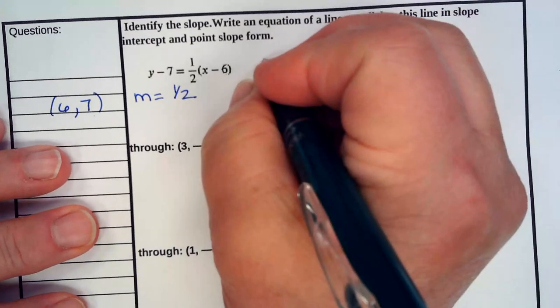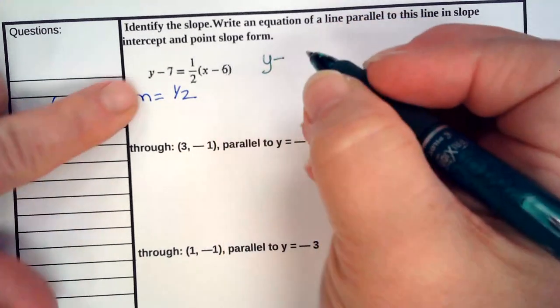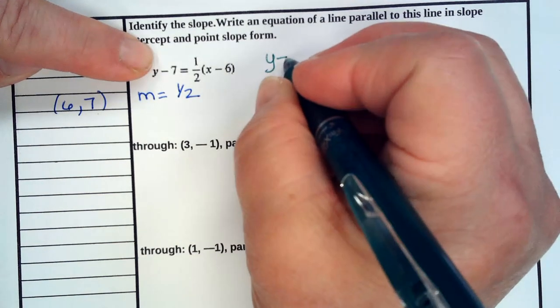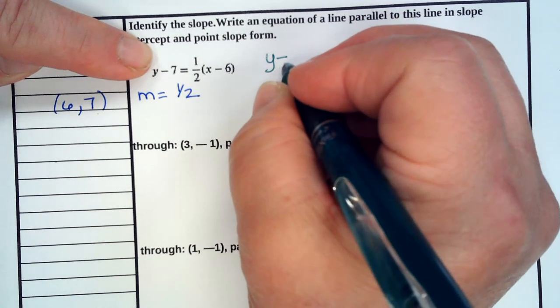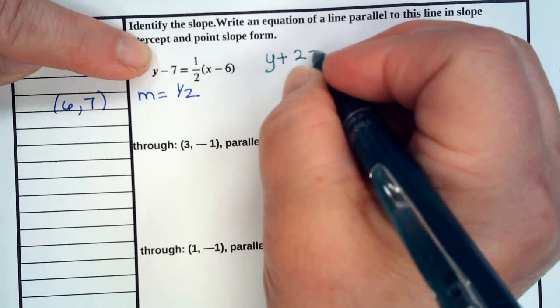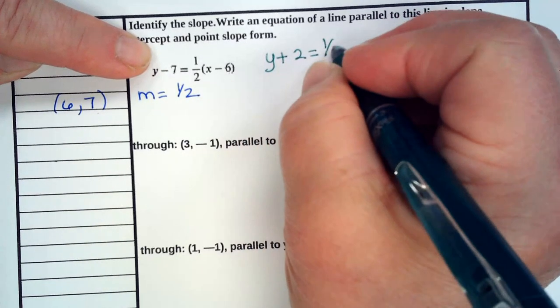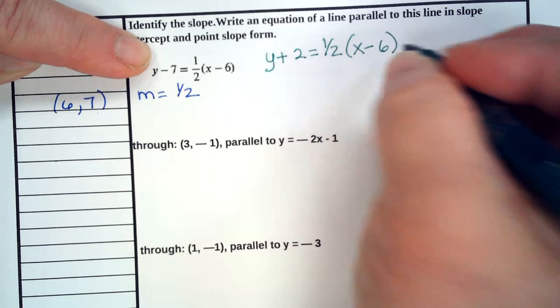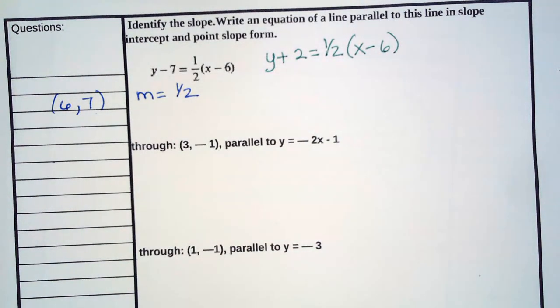So y minus, what is a number different than 7? Let's put, instead of -7, let's put +2 is equal to 1/2 times x minus 6. Okay, so that's going to be parallel.